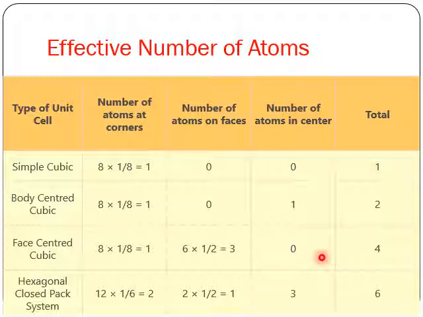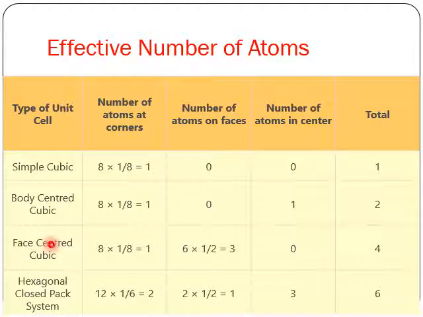So the effective number of atoms for a particular unit cell is 1 by 8 into 8, that's 1. For a body centered, it's 1 by 8 into 8 plus 1 at the center of the body, which is not shared by any unit cell. So it's 2 here.